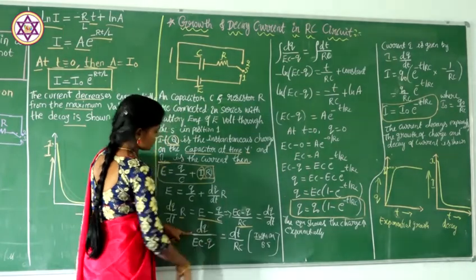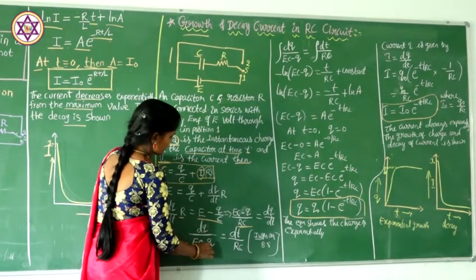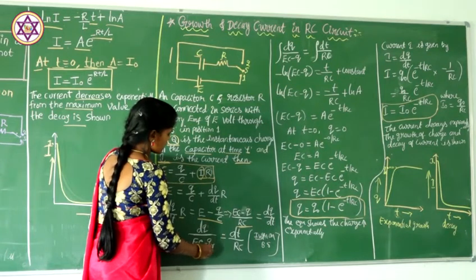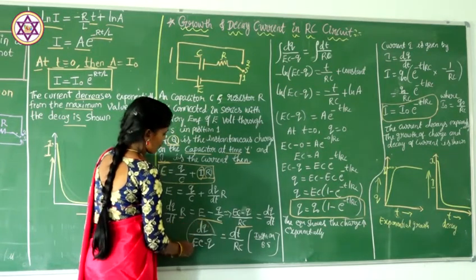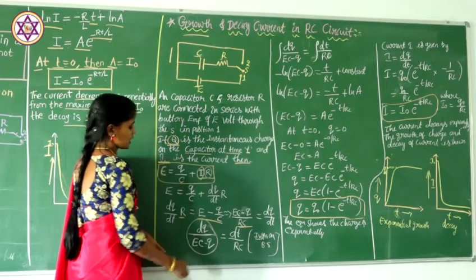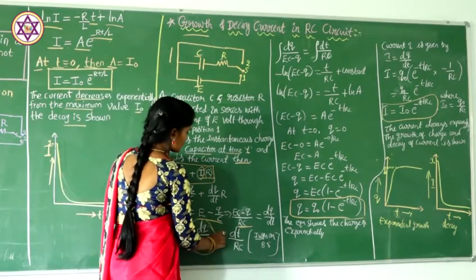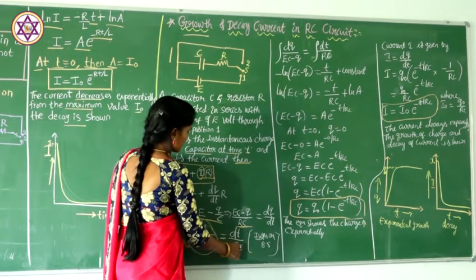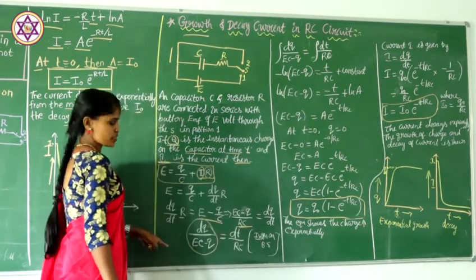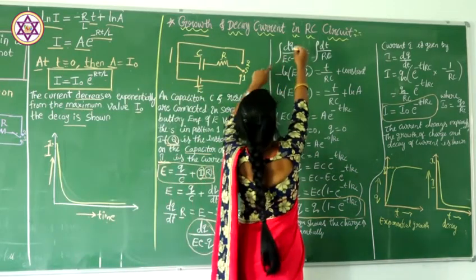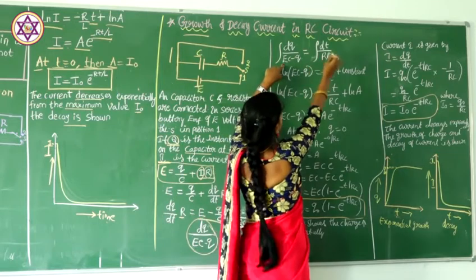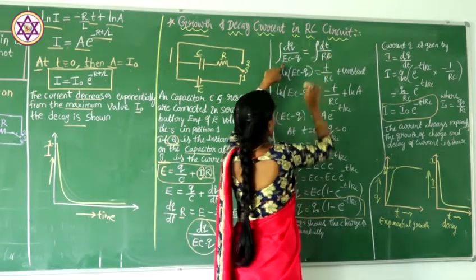Next, rearrange: dq by (EC minus q). Taking the q terms to one side, dq by (EC minus q) equals dt by RC. Now integrate on both sides. The integral of dq by (EC minus q) equals the integral of dt by RC.